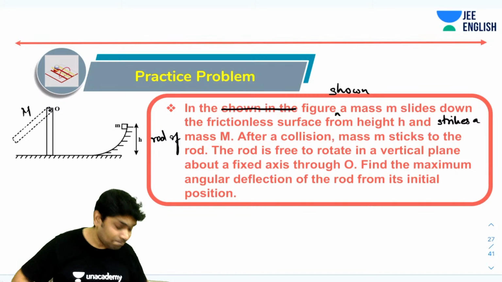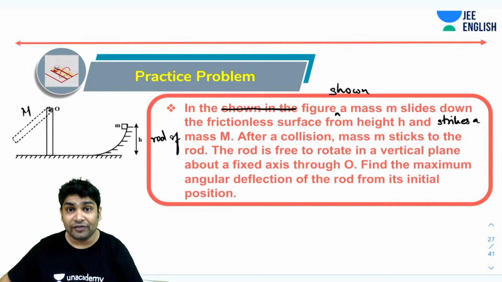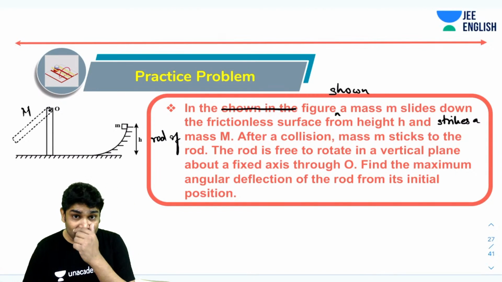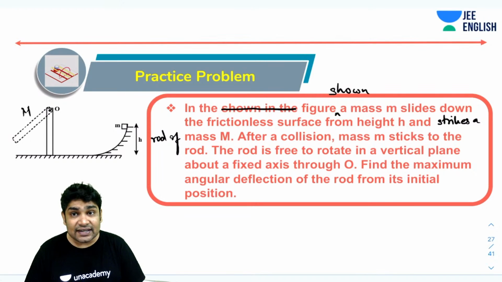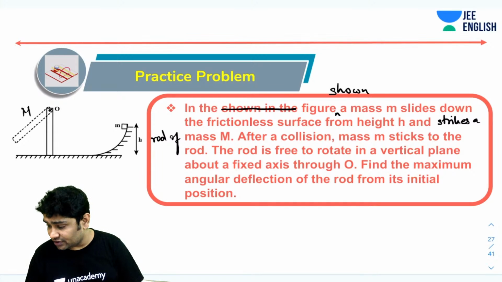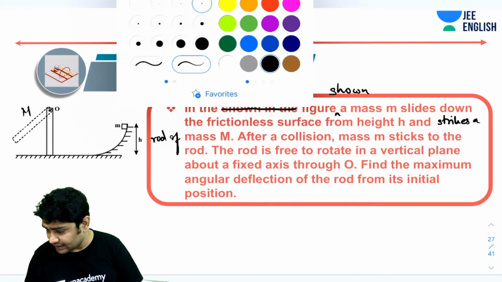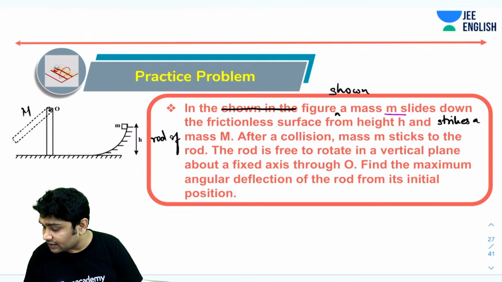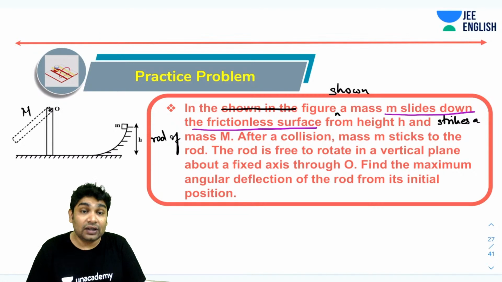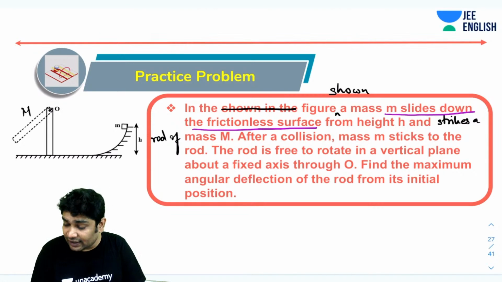All right, so let's see how we would have solved this. Let's go over the question first. The question says the mass small m slides down a frictionless surface. Let's highlight the key points: mass m slides down the frictionless surface. So when it has come down here, what will be the speed?